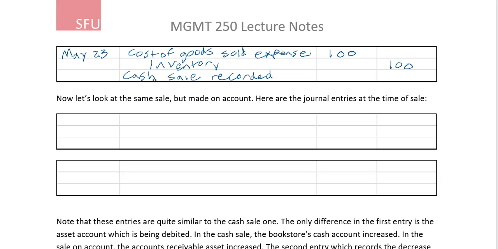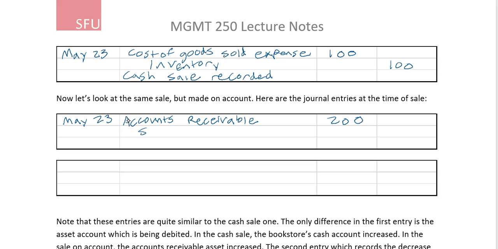Now we have the same scenario, but this time on account. So there's only one minor change here, and we will see it immediately in our debit, which is accounts receivable as opposed to cash.